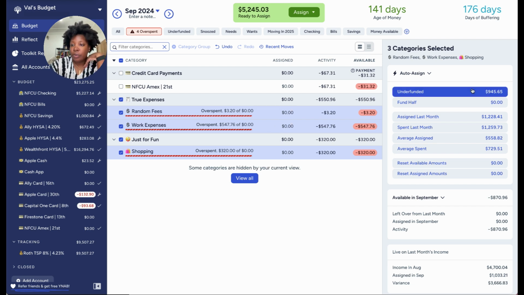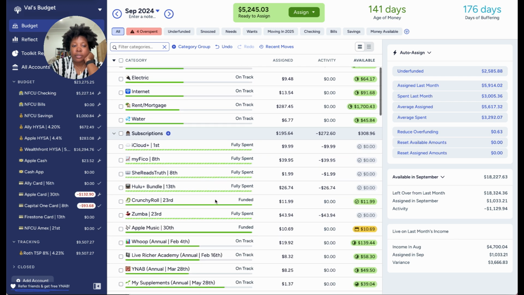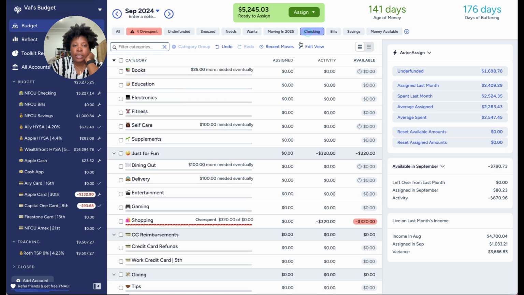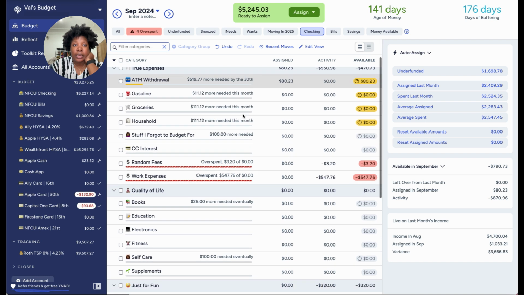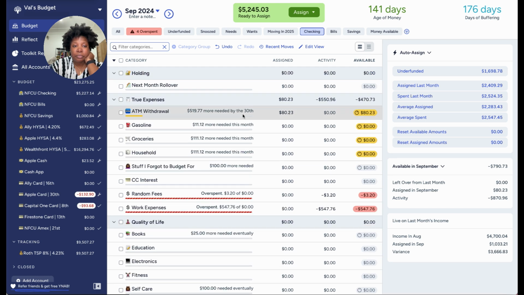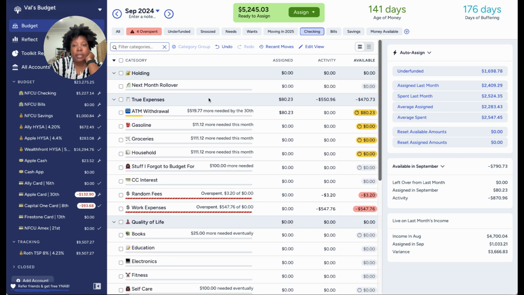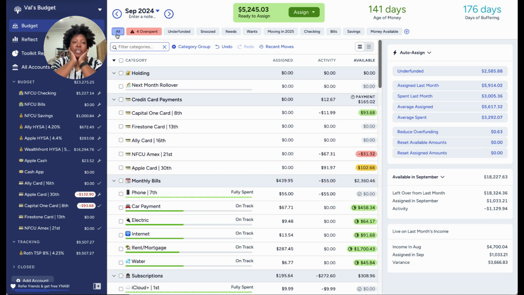So $945.65 is what we'll have to find in these categories. Actually, these categories, I don't think I have any money in these categories. No, because I only have $80 left in the ATM category. But we'll worry about that in the next video.